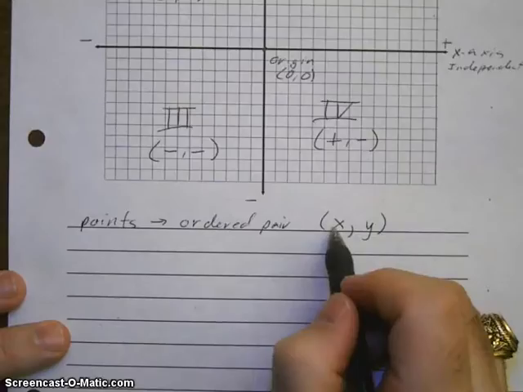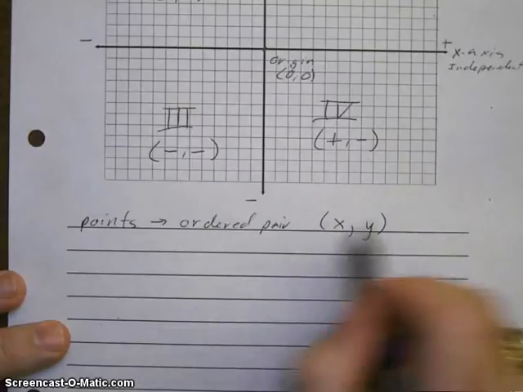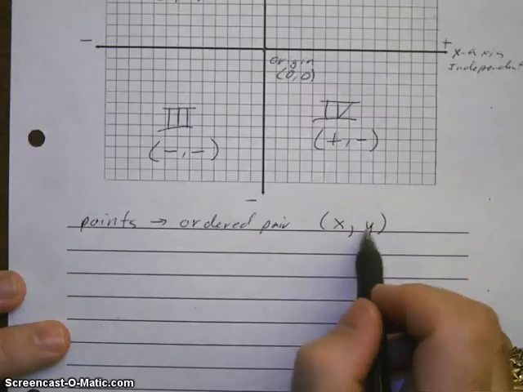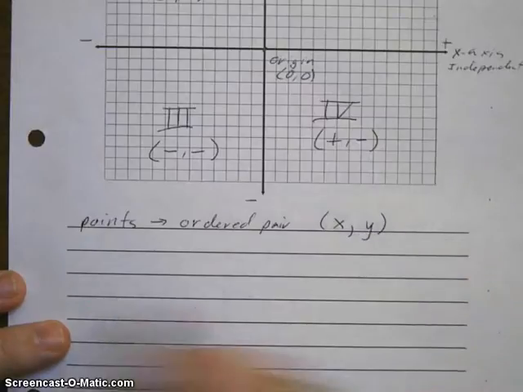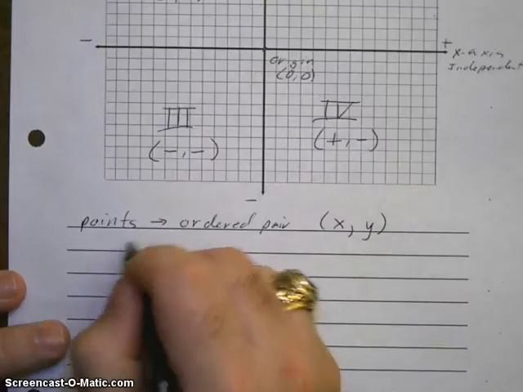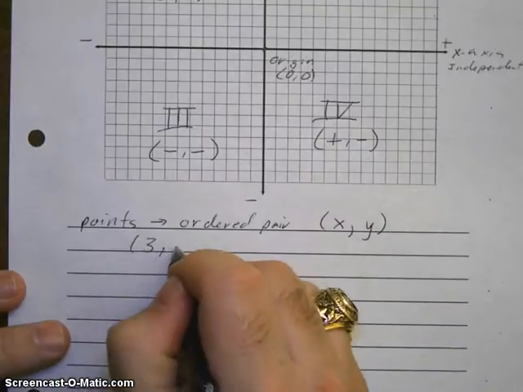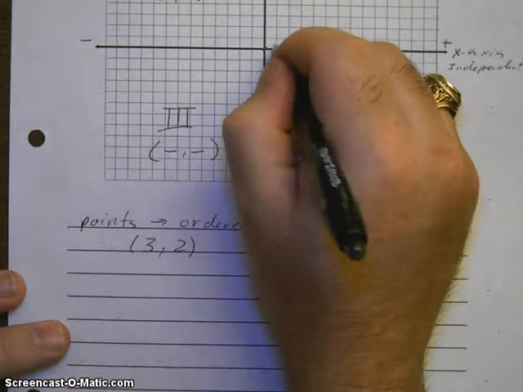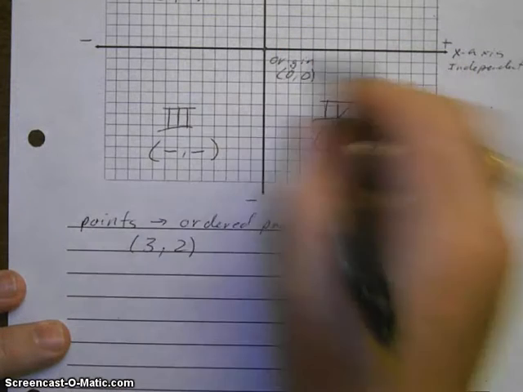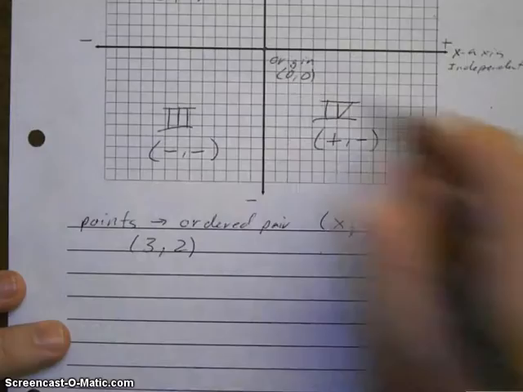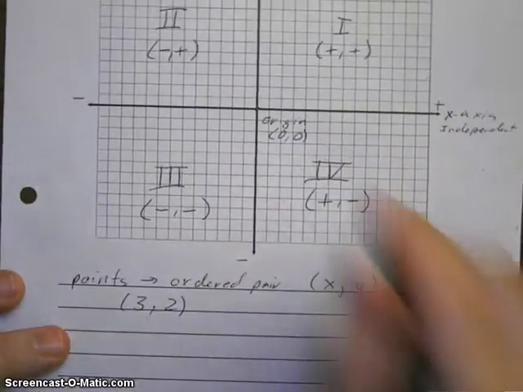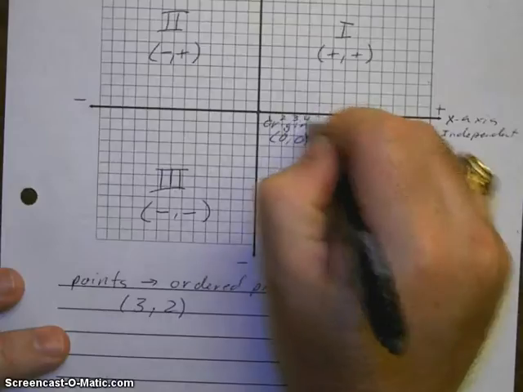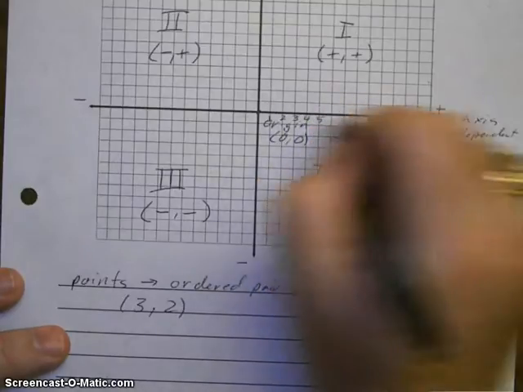The x value is always the first number, the y value the second, or the independent value, then the dependent value. The horizontal number, the vertical number. When you're plotting a point, for example 3, 2, we would do the x value first. If it doesn't give us a scale, we usually assume that each space is 1 number.